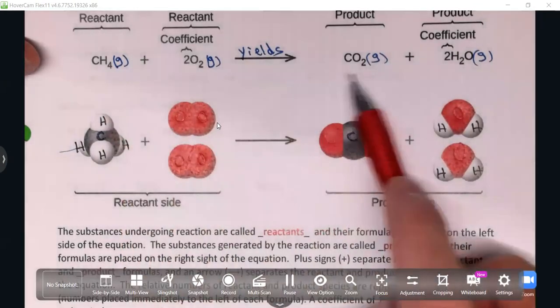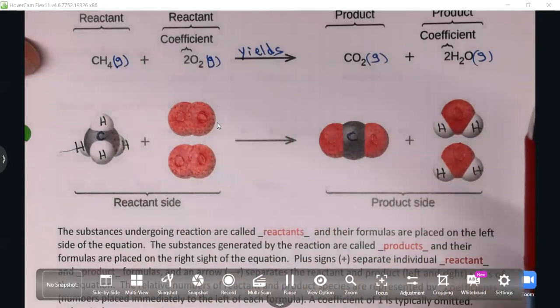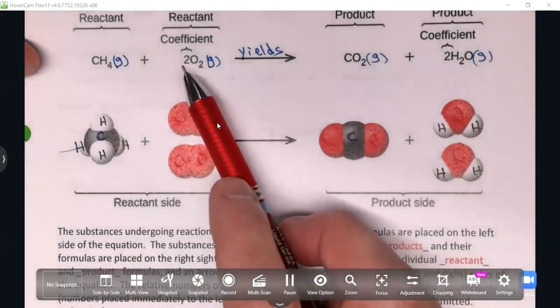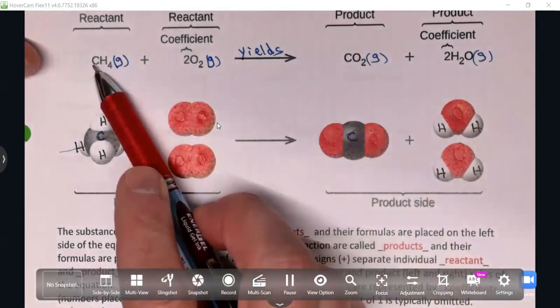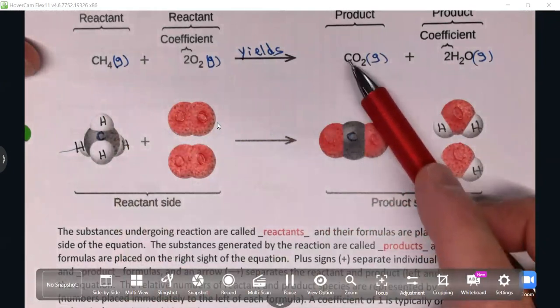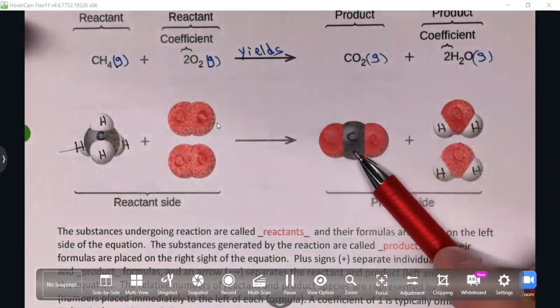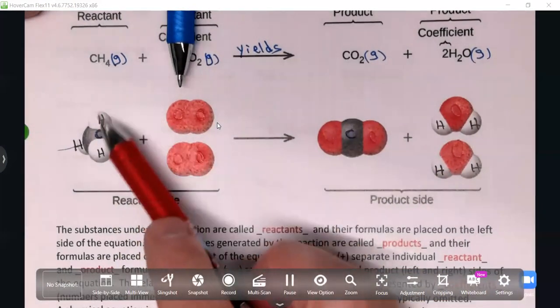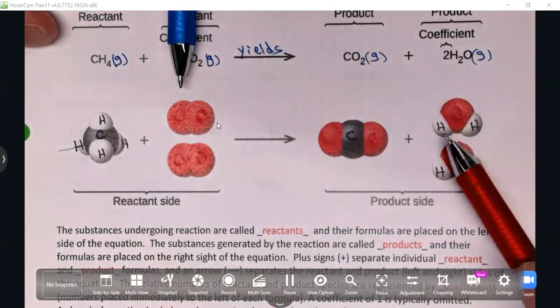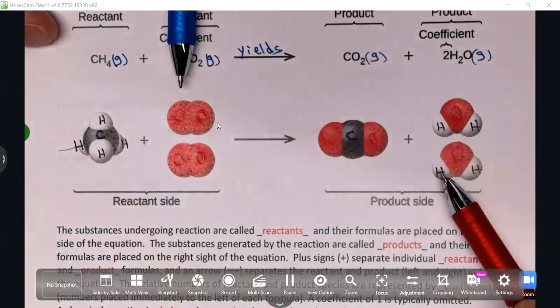As you do this, and we're going to work on some on the next page, we have 1 carbon on this side to start out, and we have 1 carbon on this side. We have 4 hydrogens here on the reactant side, and we have 2 plus 2 here.